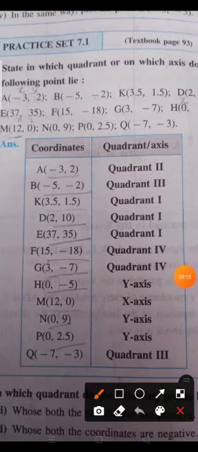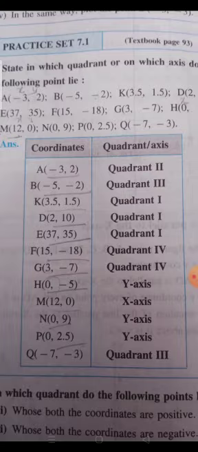Again the second one, (12, 0): 12 is x and 0 is y. So where does the 0 lie? In the y position, so it will come in the opposite direction, it is on the x axis.